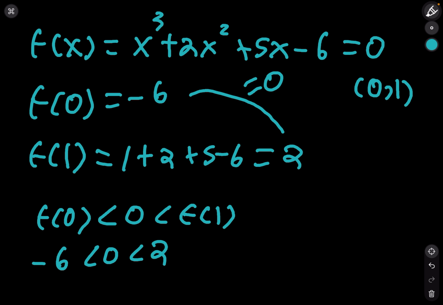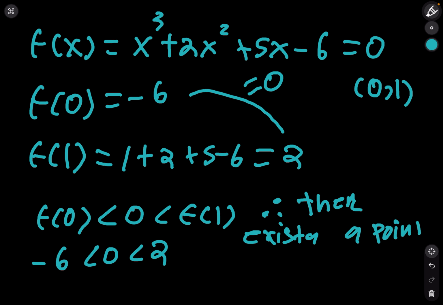Therefore, there exists a point where there has to be some value c, so that f of c is equal to 0. And you might be wondering to yourself, well, how can you prove this? Well, I don't think this will be on your calculator section on the AP test.